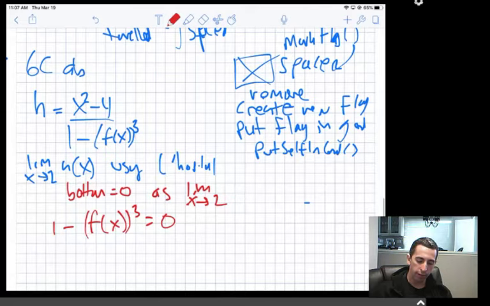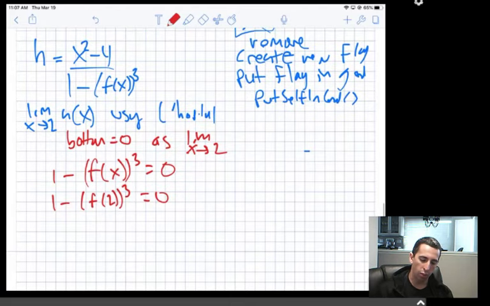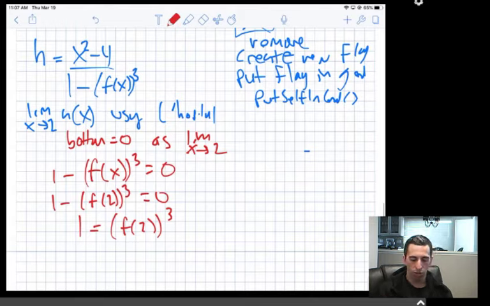So 1 minus f of 2 cubed is 0, which means 1 equals f of 2 cubed. Taking the cube root of each side, f of 2 is equal to 1. But the tricky part is now we have to find f prime of 2 as well.